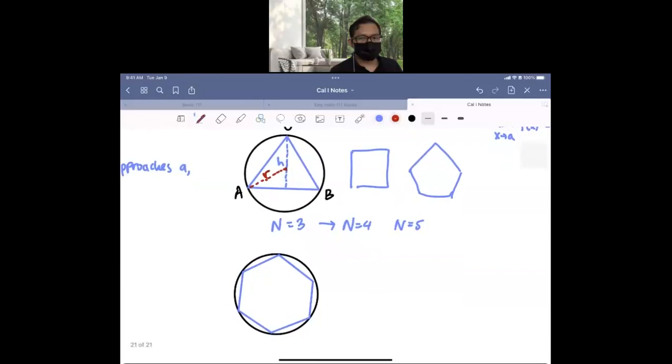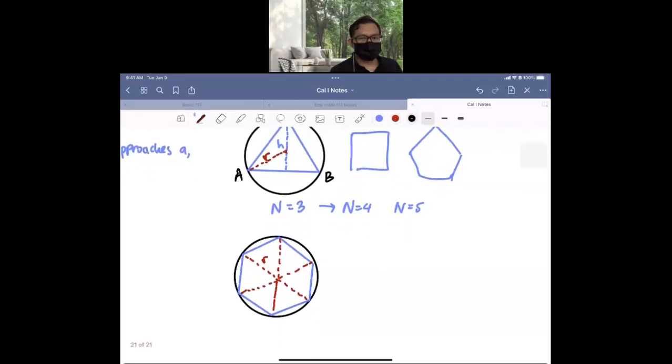And then same thing, we'll have this dash to note that this is the R. Similarly, we can see the triangle, A, B, and O, and let's take this dashed line here as the height of the triangle.